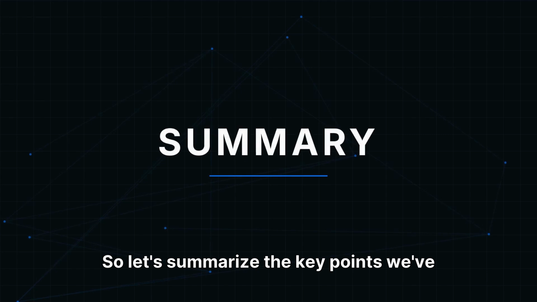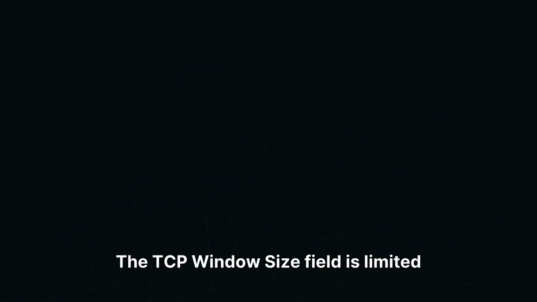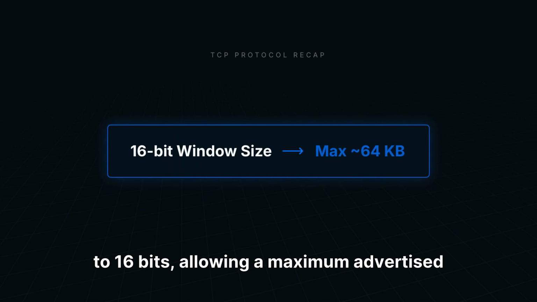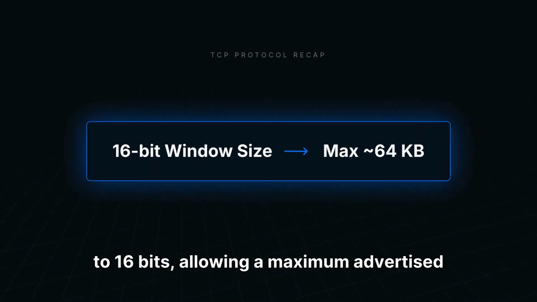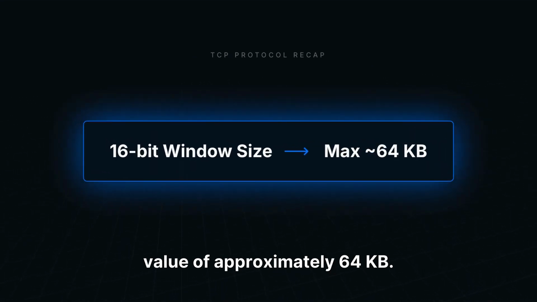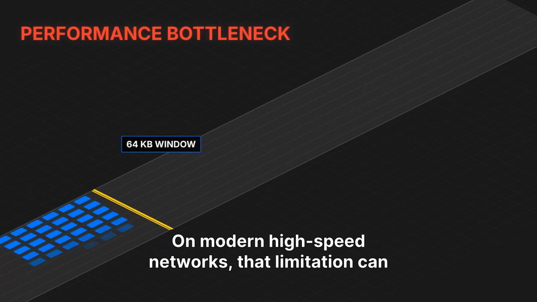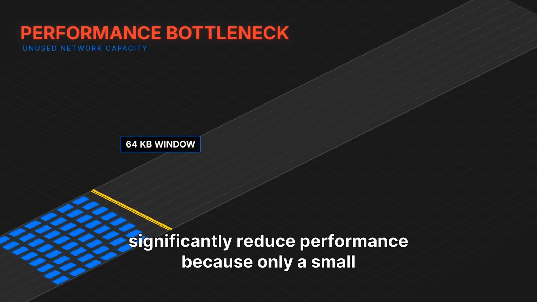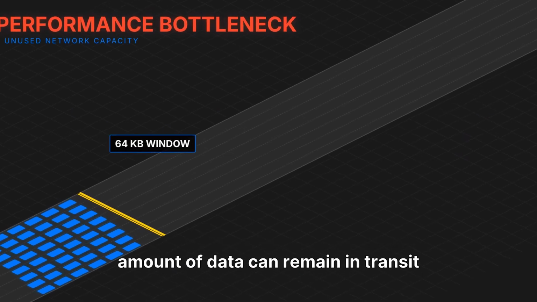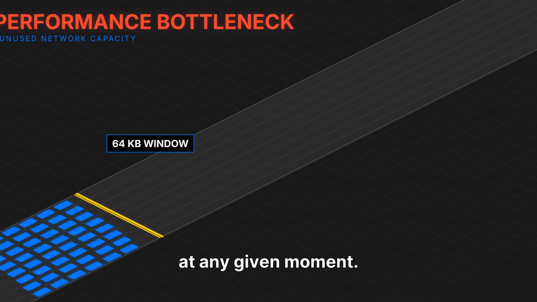So let's summarize the key points we've learned. The TCP window size field is limited to 16 bits, allowing a maximum advertised value of approximately 64 kilobytes. On modern high-speed networks, that limitation can significantly reduce performance because only a small amount of data can remain in transit at any given moment.